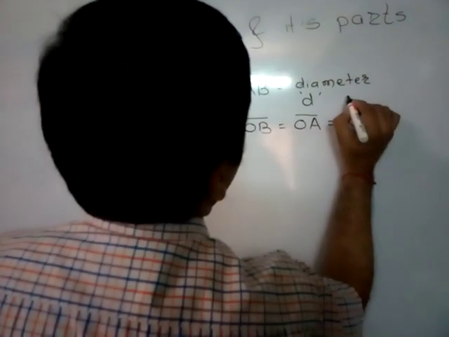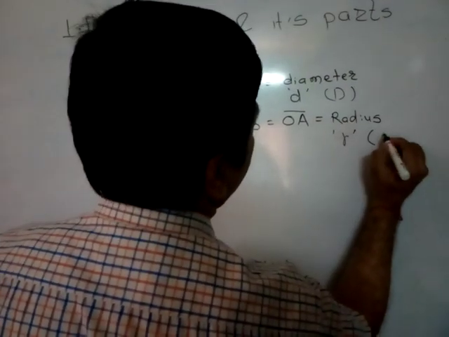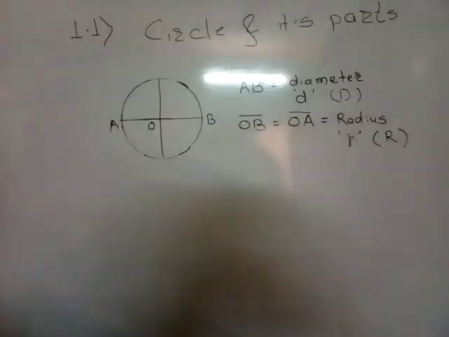Many a times capital D for diameter and capital R for radius are also used.